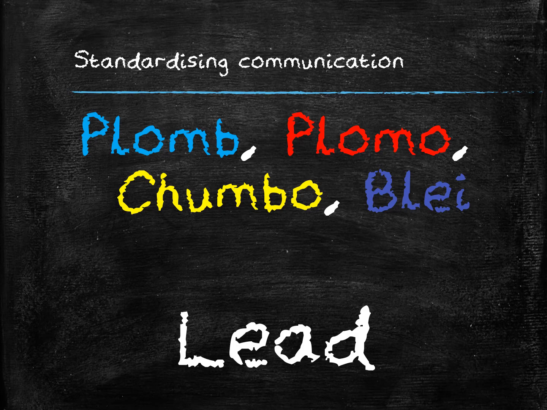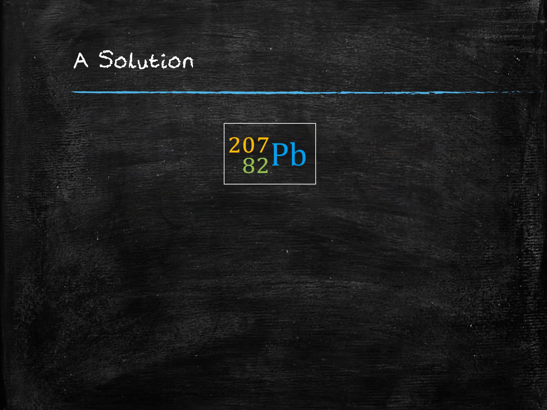So the scientific community needs to be able to communicate accurately which element it's talking about in any given time or any given circumstance. Now, you know from your chemistry we have the periodic table, so let's use that as our solution. All the symbols and all the atoms on the periodic table tell us about that element.